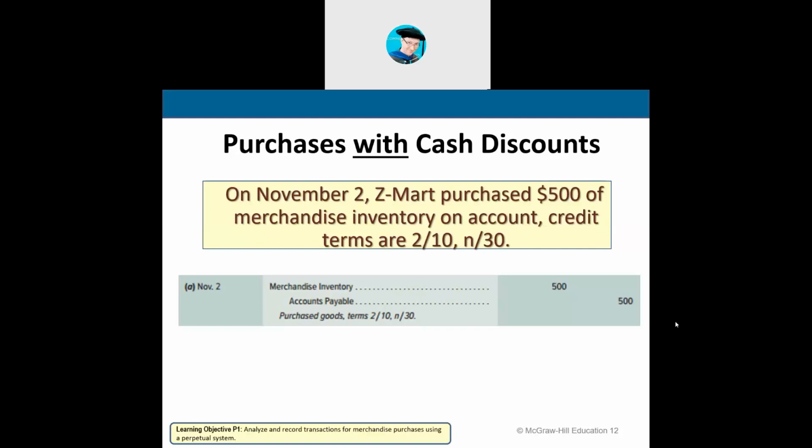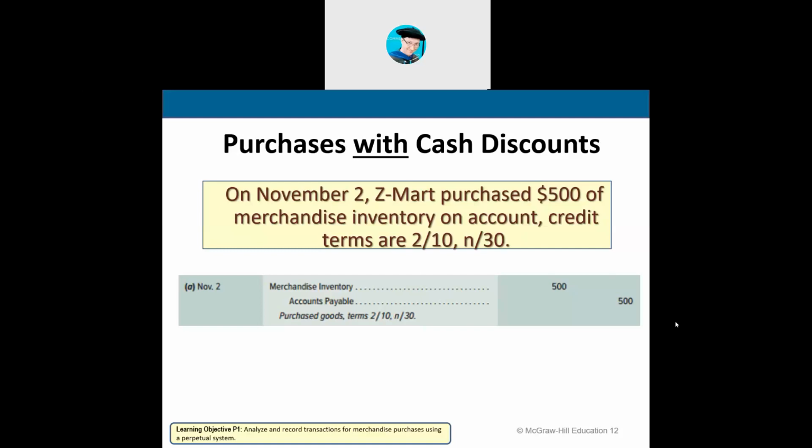That deal tells us that we are purchasing this inventory from our vendor with credit terms. It's an agreement made between the vendor and the retailer. And the retailer's deal is 2/10, net 30. This is the credit term, 2/10, net 30. Here's what it means.